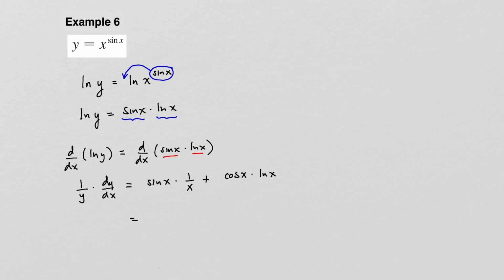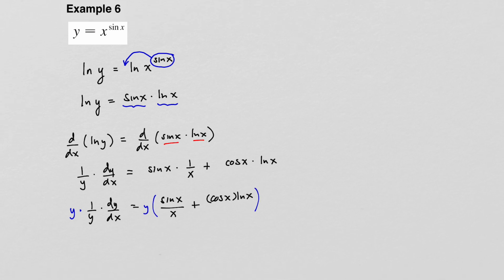And so if we simplify this, on the right-hand side, we have sine of x over x plus cosine of x times the natural log of x. And on the left-hand side, we have 1 over y times dy dx. Now, we want to solve for dy dx, so the next step here is to multiply both sides by y.